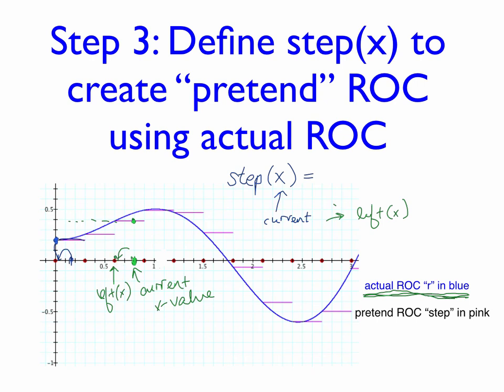R of left of x. So this value here, where the pink bar is, that is R of the left endpoint, right?